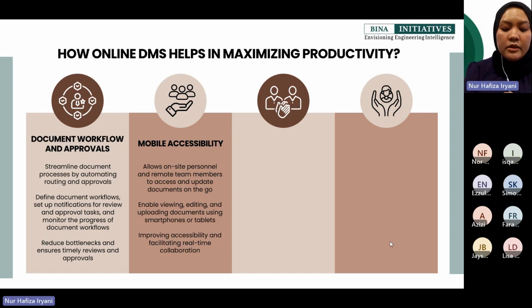In your mobile apps, it enables you to view, even edit, even sign off and so on. You can even upload documents using smartphones and tablets. This is very useful, especially when you are performing an inspection, or when you want to review the latest document.